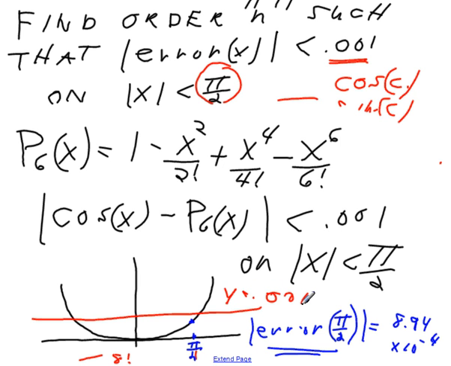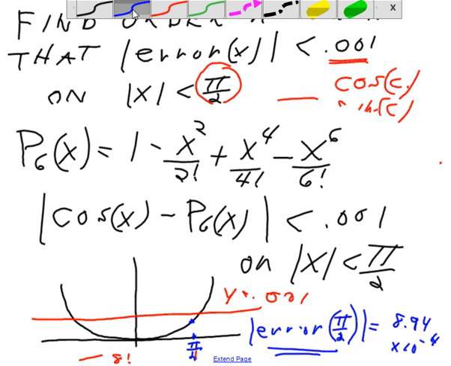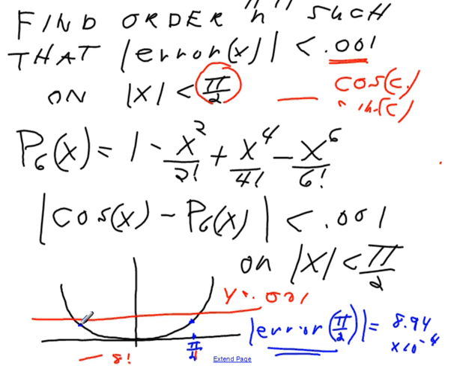The true error is less than that. So the remainder theorem, if you have a very tight error, can be a very convenient way to see how large a polynomial we would need.